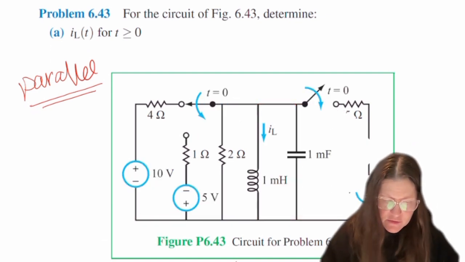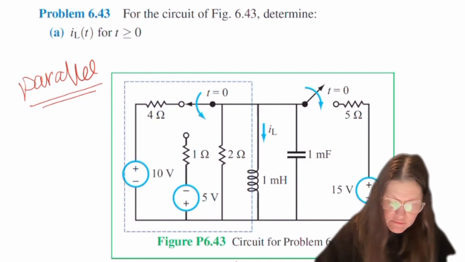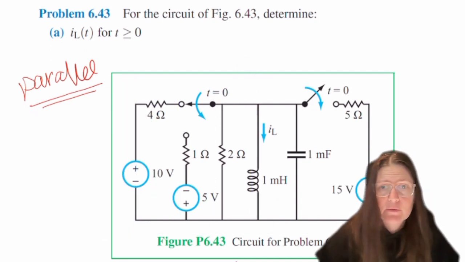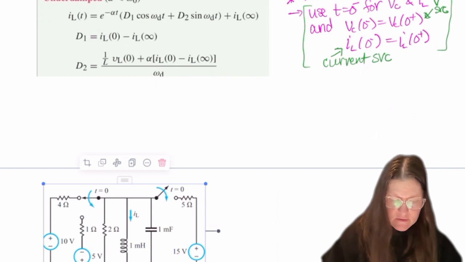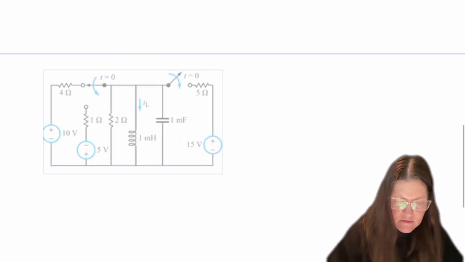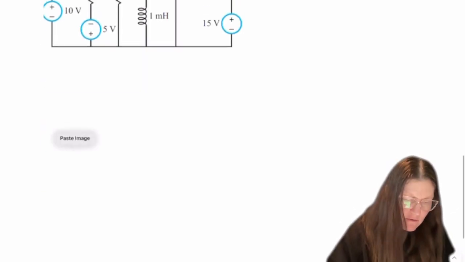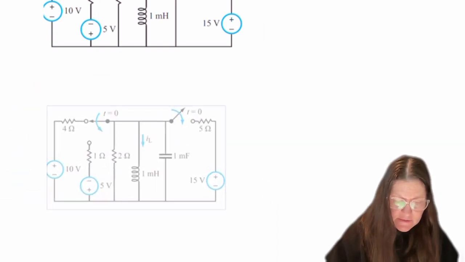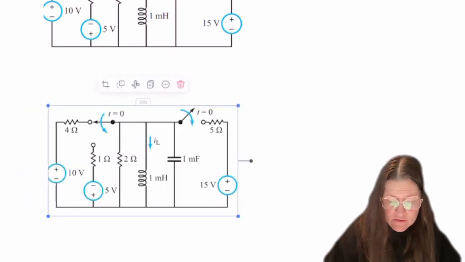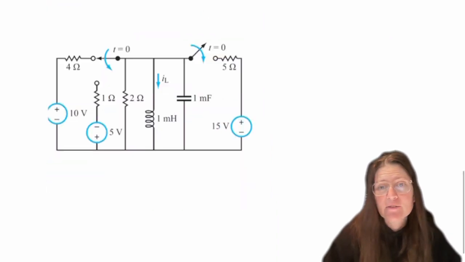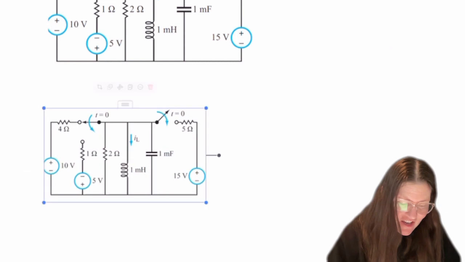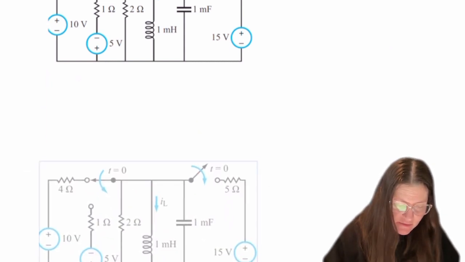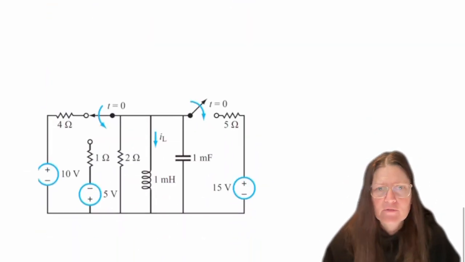Going back to the initial circuit, we're going to redraw this three times. I'm just going to copy and paste these to get the values for VC and IL at 0 minus, to be able to determine the values at t equals 0 plus, and then we're going to do the final one.